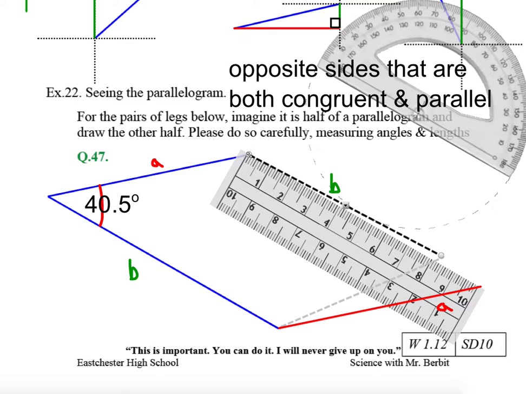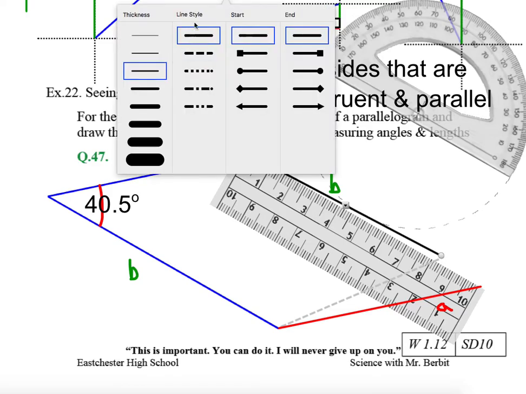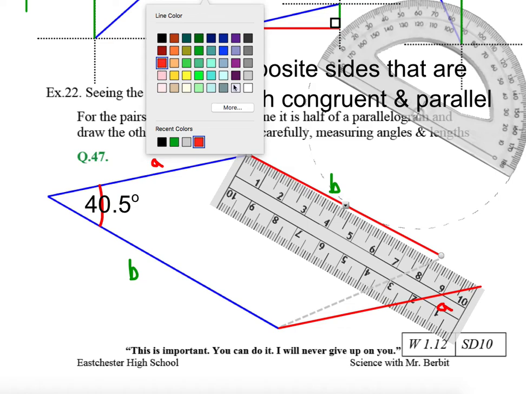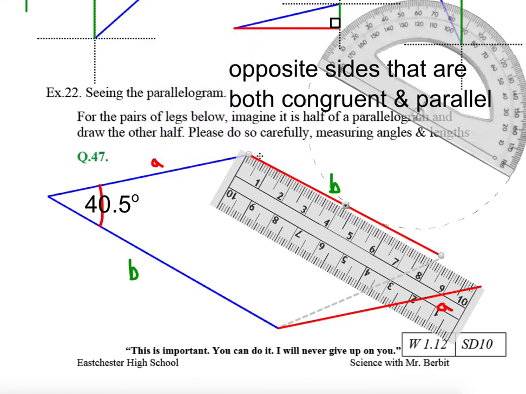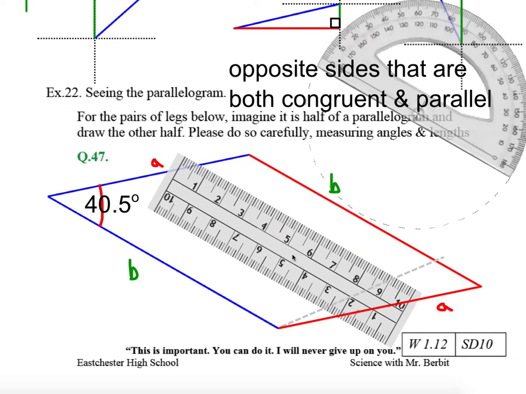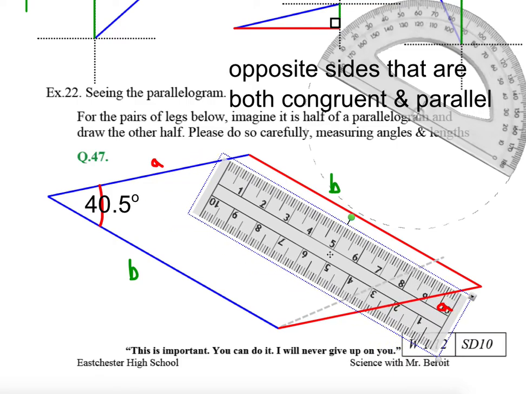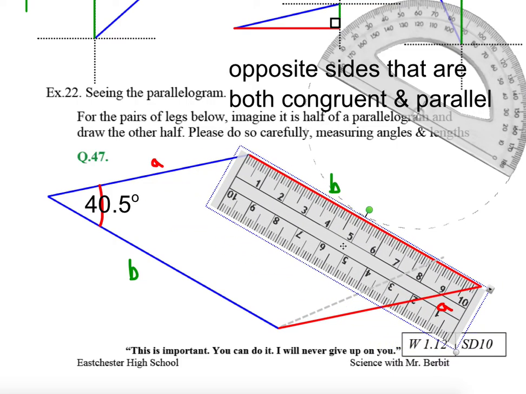Oop, don't mess with this guy. We don't need you anymore. My segment will connect. There it is. Here to here. So there's our new side B. Now I could check the length just to make sure it worked.